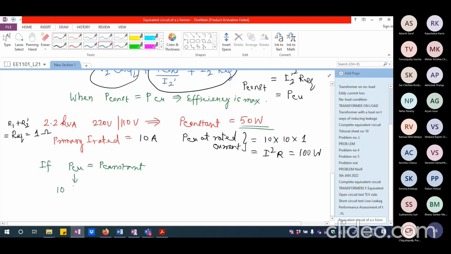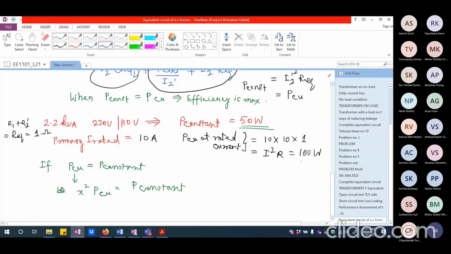I should say some X square times P copper equals P constant, where X has to be calculated as the fraction of current that I will have.